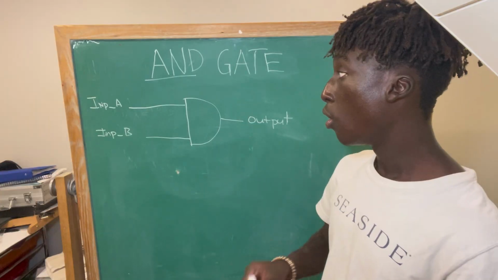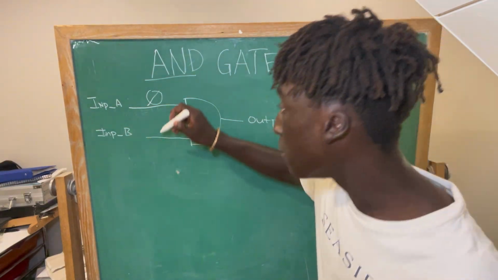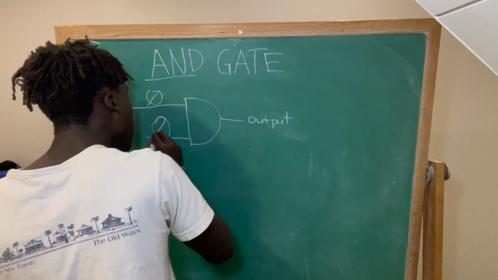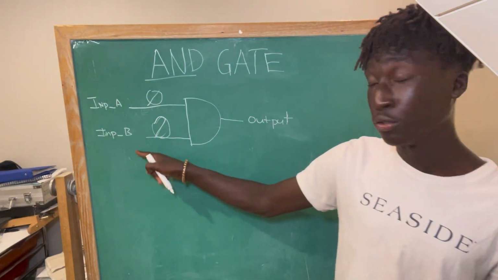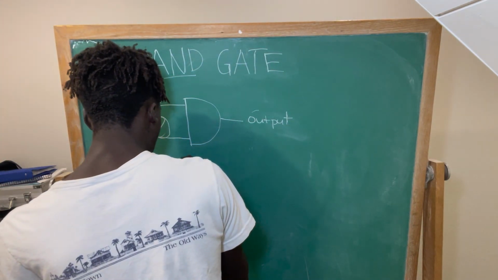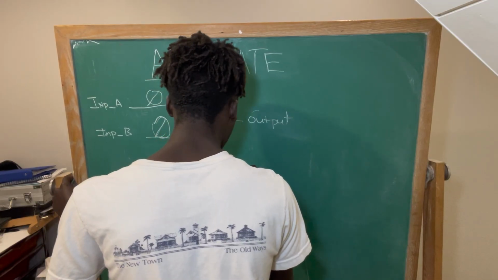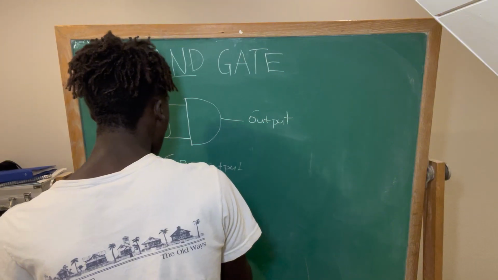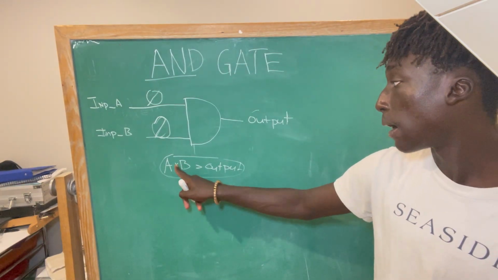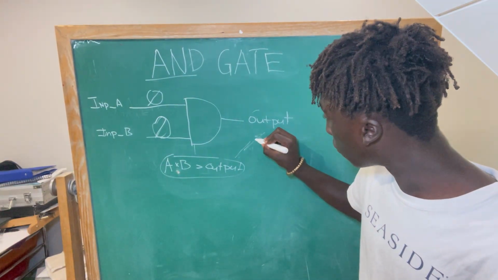If input A equals 0 and input B also equals 0, our output is simply A times B equals output. So A times B equals our output.